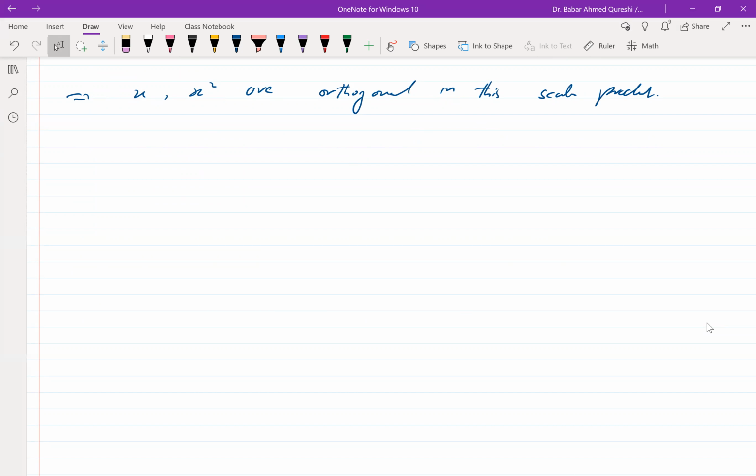Now we can check that the Pythagorean theorem holds because they are orthogonal. So the Pythagorean should hold with equality.